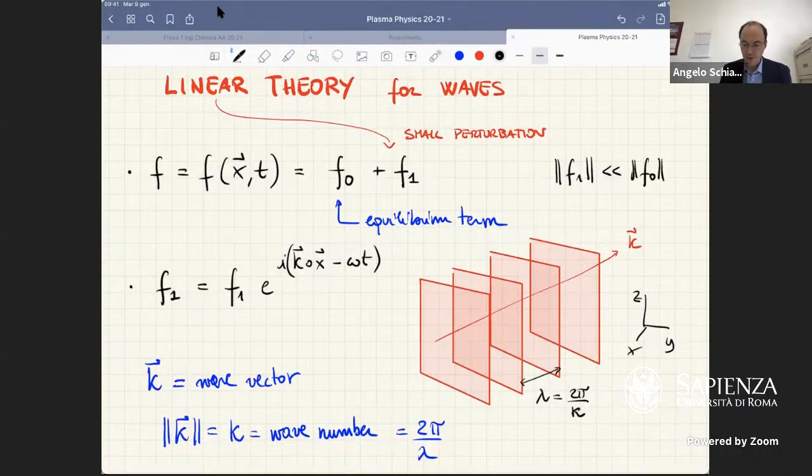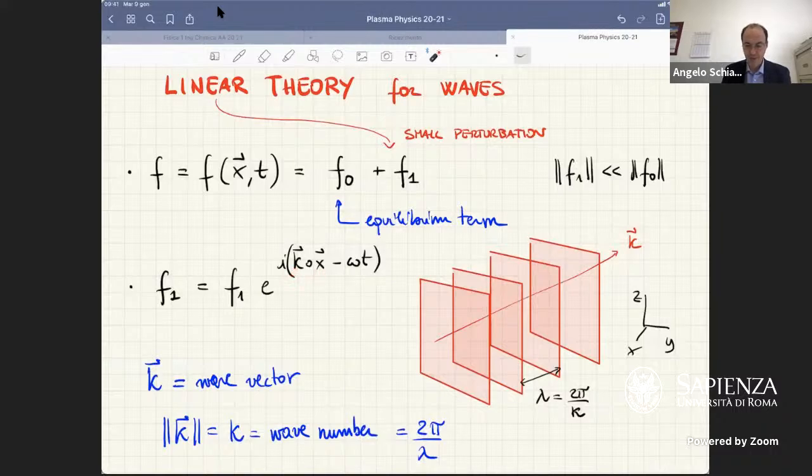So you see that by using the wave number and the plane wave solution, we have almost the same notation that we used before when we had kx minus omega t, but now we have the scalar product of the wave number and the position.